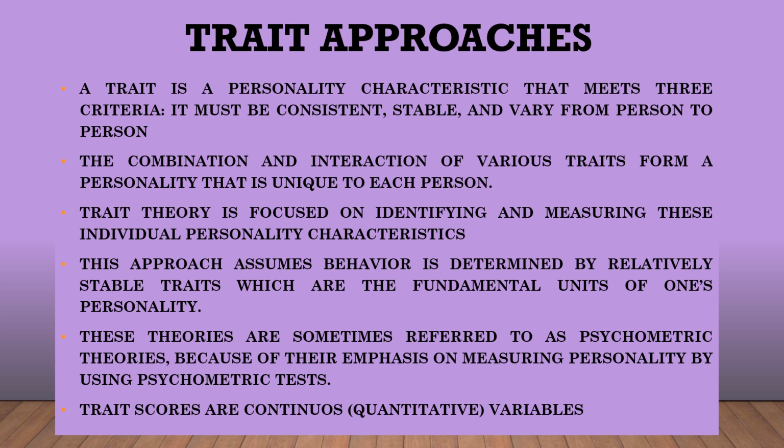Trait theory is one of the most popular types of personality theories. It proposes that people's personalities vary according to which basic personality traits are more dominant. This approach assumes behavior is determined by relatively stable traits, which are the fundamental units of one's personality.